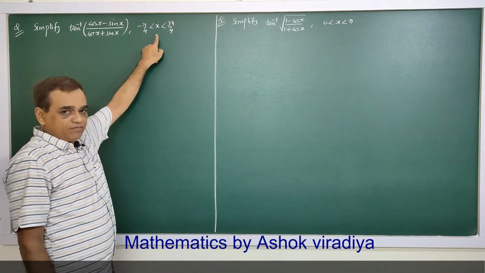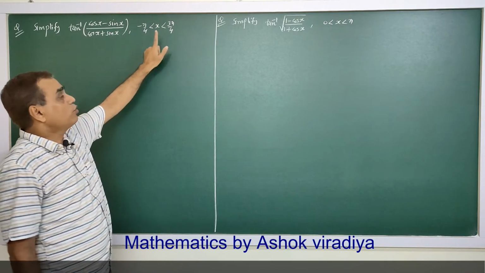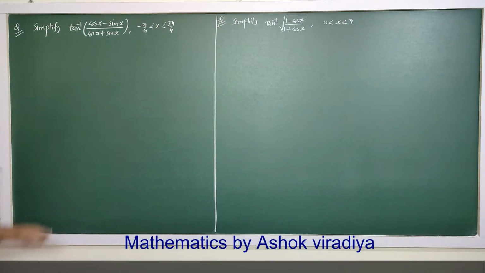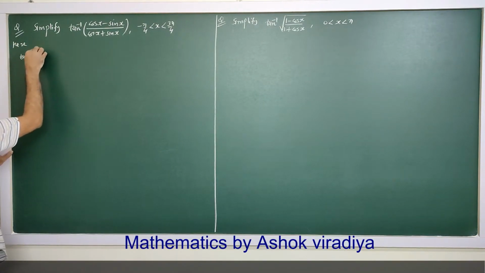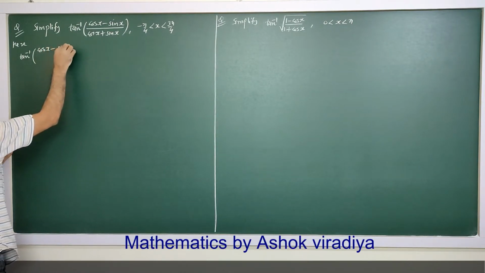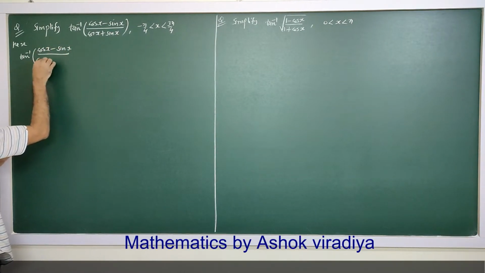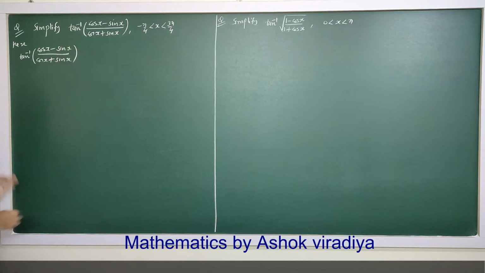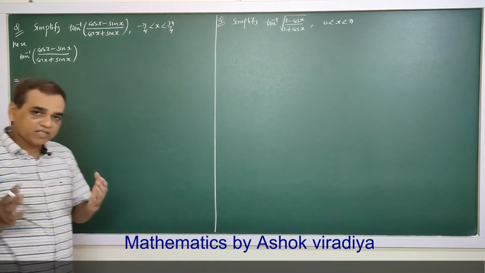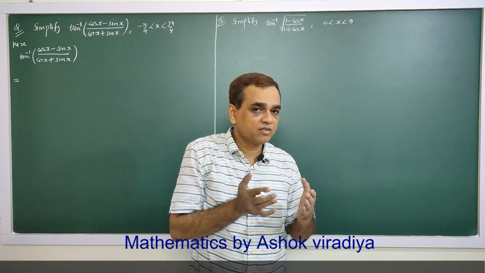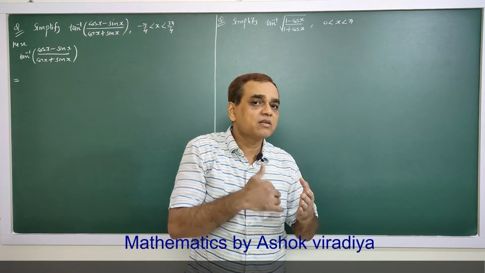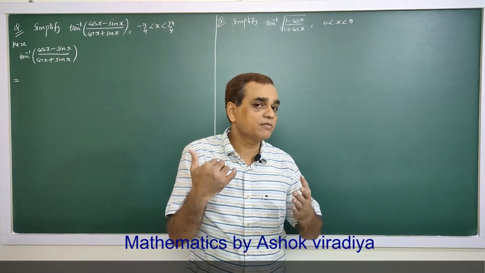The condition is given: x lies between minus pi by 4 and 3 pi by 4. Here we have tan inverse of (cos x minus sin x) upon (cos x plus sin x). Beginning from this expression, in this method we always try to obtain a similar function inside as outside.